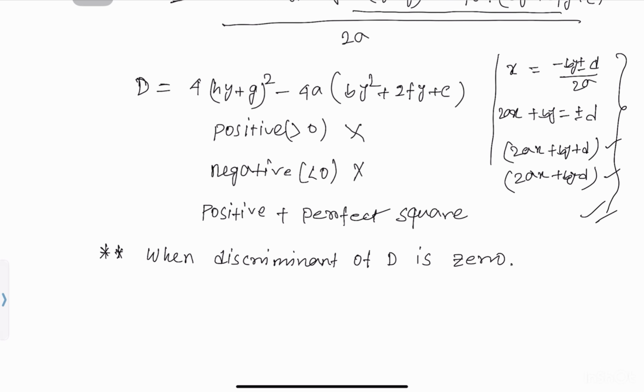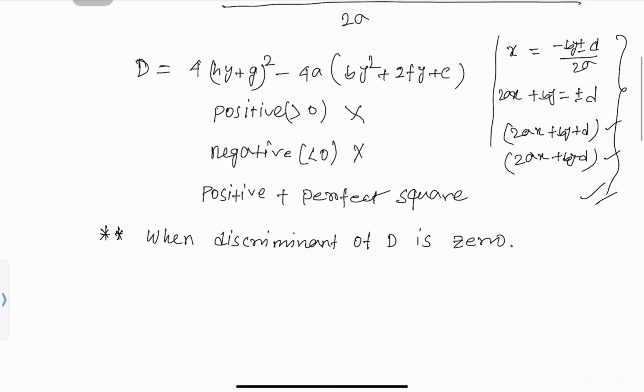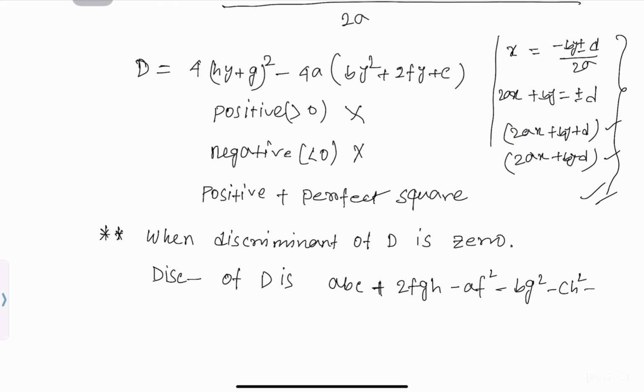So what is the discriminant of this equation? d is also a quadratic equation, so it must have a discriminant. The discriminant of d is abc plus, directly I am writing, you can solve it yourself, 2fgh minus af square minus bg square minus ch square equal to 0.